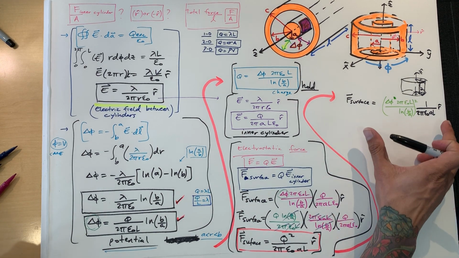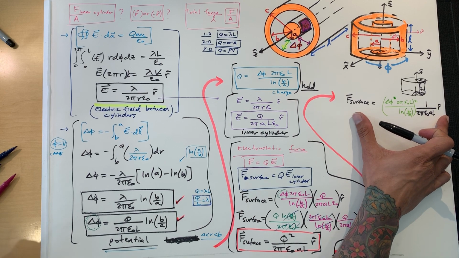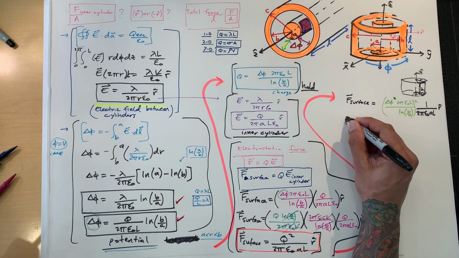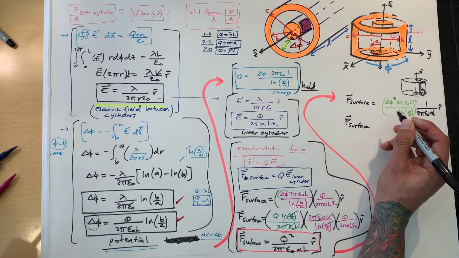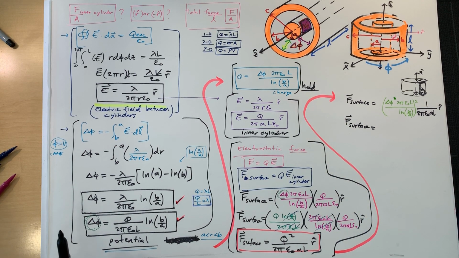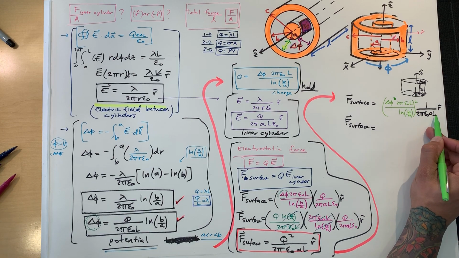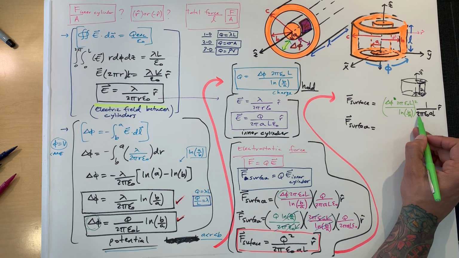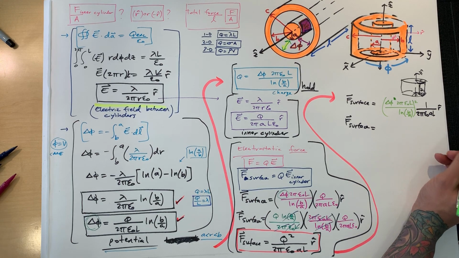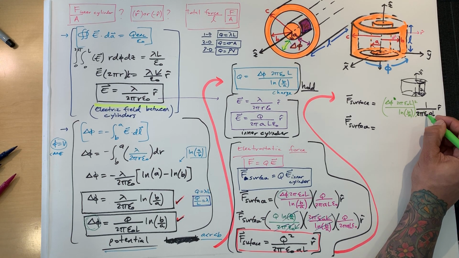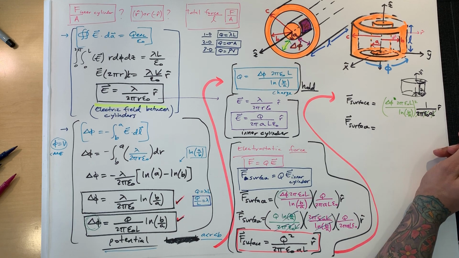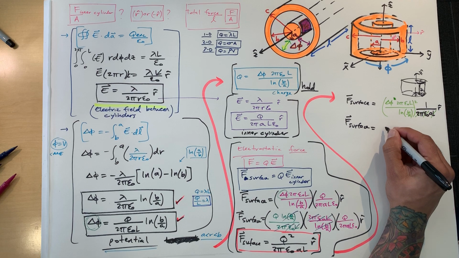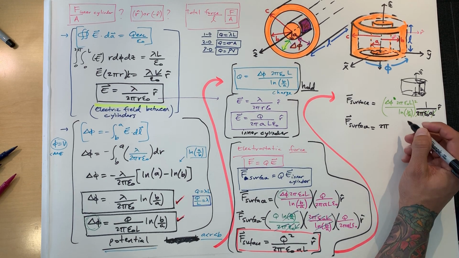Okay, so we have this, and let's simplify a little more. F on the surface is equal to, let's see, we got 2 L's up here, 1 down here, 2 epsilons, 1, 2 pi, 2 pi, and so one of these gets canceled, the L gets canceled, and what we're left with is 2 pi from the top.